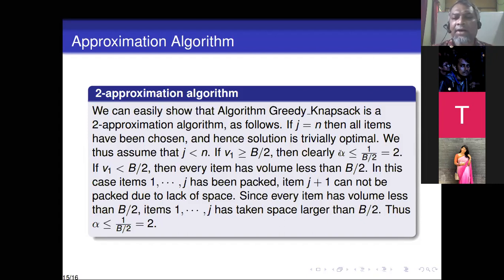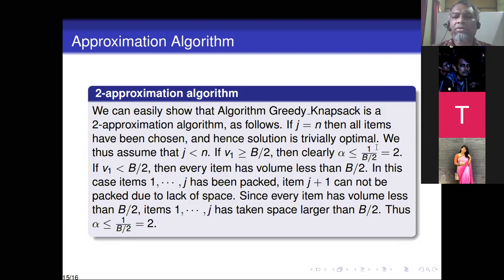Then clearly alpha is the optimal, which is at most b, divided by b by 2, and it should be 2. Actually this should not be 1, it should be b. Okay, sir. Okay, so it should be 2.